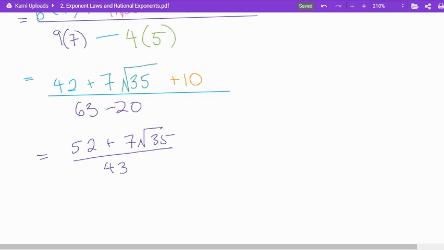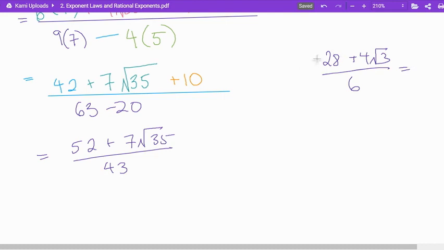Can I simplify this? I could potentially, but I check: what are the multiples of 43? Ding, ding, ding. It's a prime number. So it's just 43 and 1, right? There are no multiples of 43. But if I had something like 28 plus 4 root 3 over 6, could I simplify this?